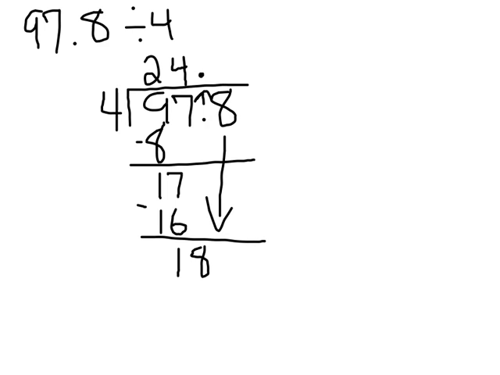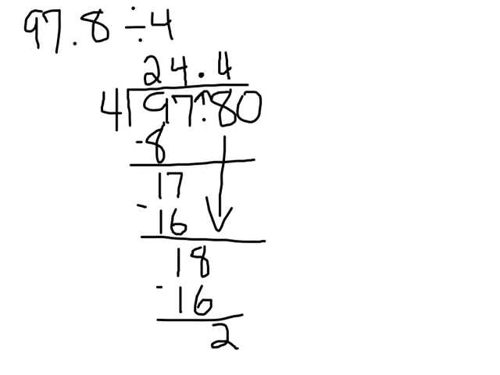And now I'm asking myself, how many times does 4 go into 18? 4 goes into 18 4 times. 4 times 4 is 16. 18 minus 16 is 2. Now, 4 doesn't go into 2, but I know that there's an invisible 0 behind this 8.